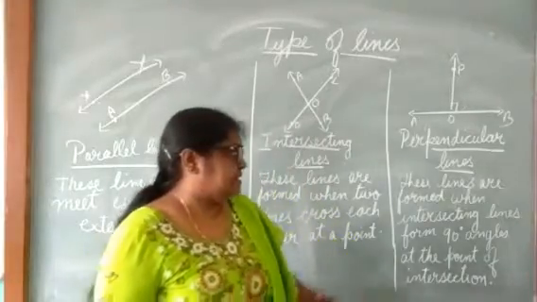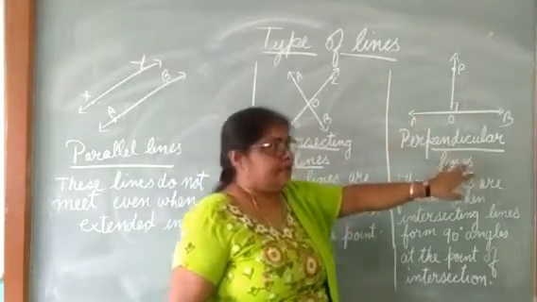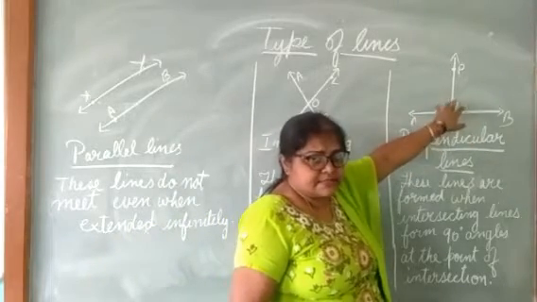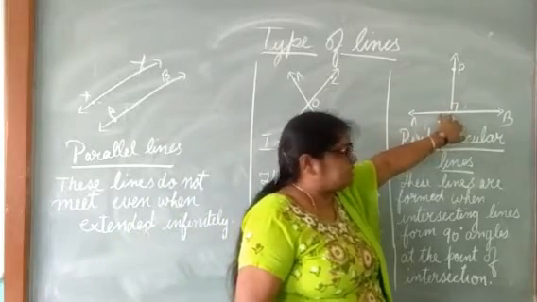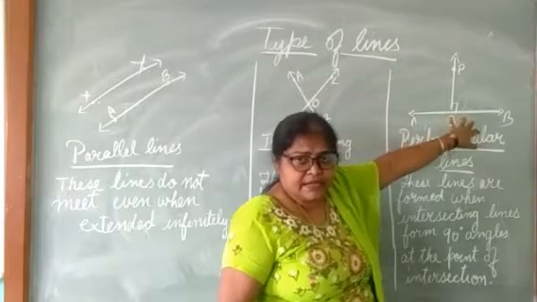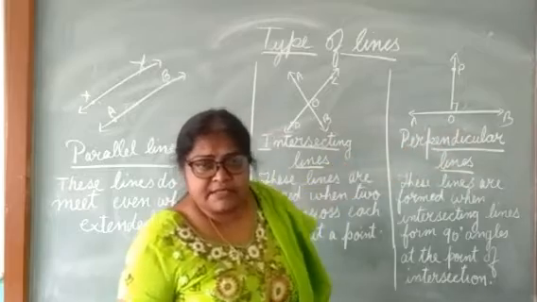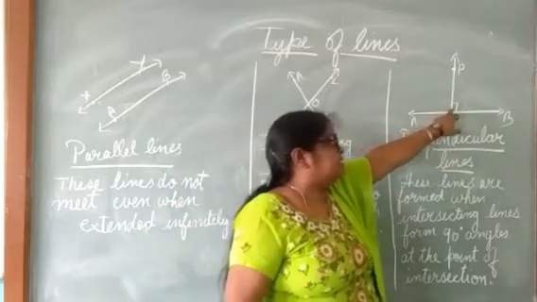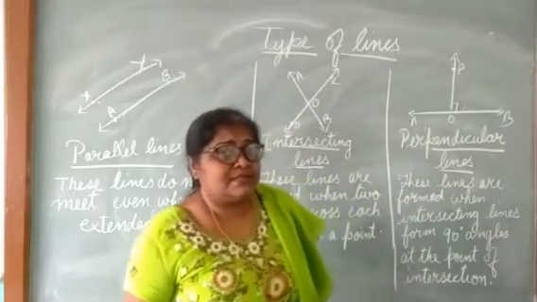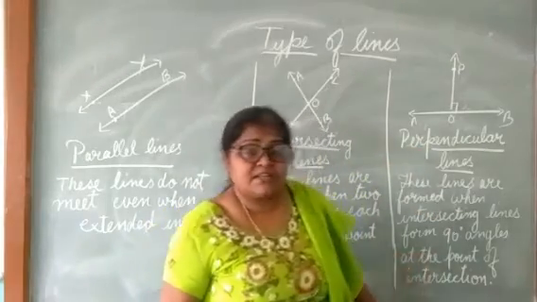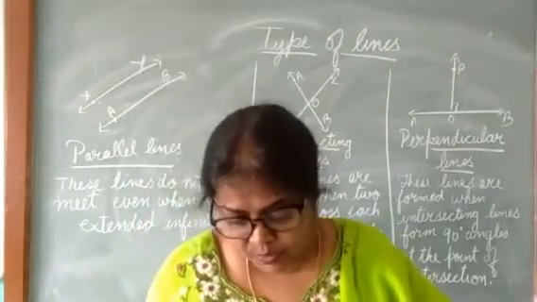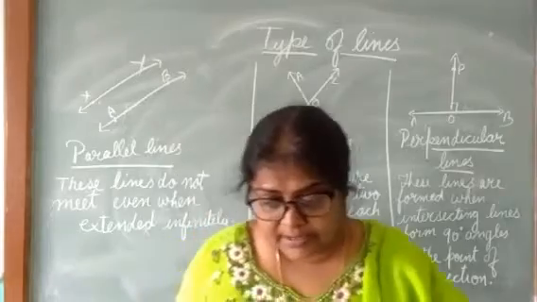What you are seeing in the third case is one line AB and another line OP. These two lines intersect at a point O, and they make a 90-degree angle. The measure of this angle is 90 degrees. So this type of line is known as perpendicular line.